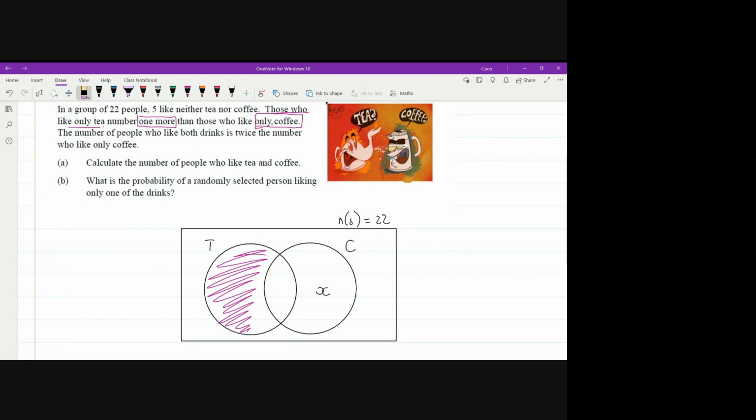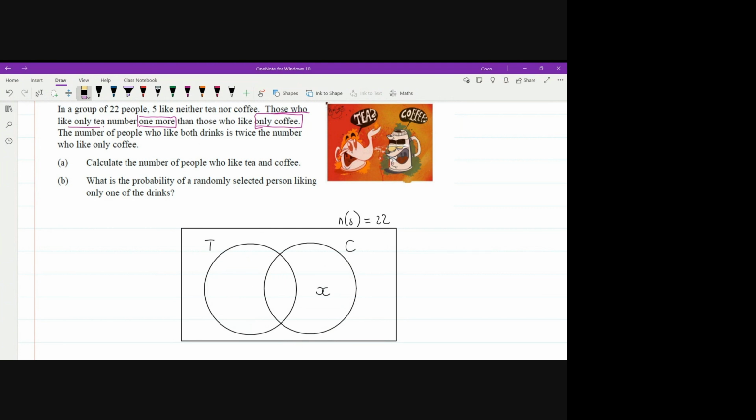They don't actually tell us how many people like only coffee, so I'm going to name that part X. Is everybody understanding why I have named it X? Because I don't know how many people there actually are in that section. But now they're telling me that the tea section is one more than only coffee. So how would we write that?